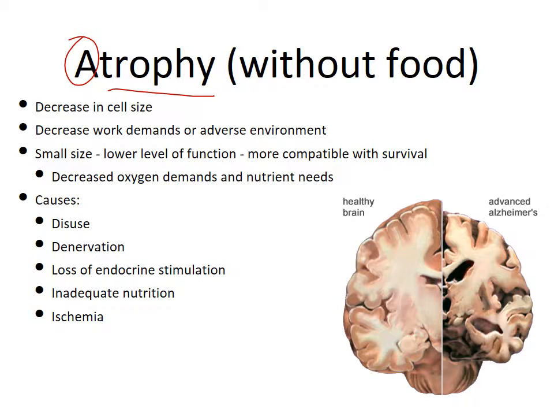So for atrophy, this means that we decrease the work demands. I'm sorry, I should say work output, really, in response to all of these environmental stresses or conditions. It's actually an interesting adaptation because they grow physically smaller in size, they're able to still remain functional just at a lower level.